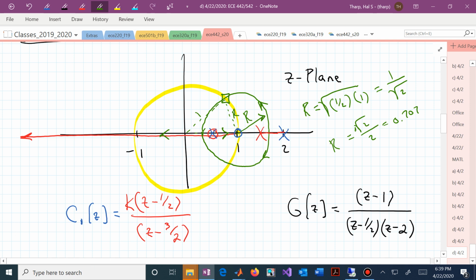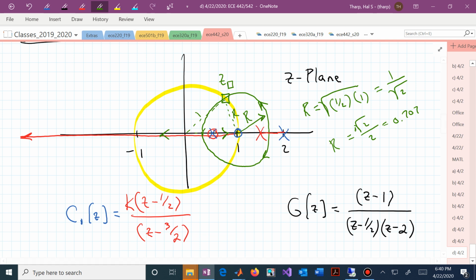That's now an isosceles triangle, and we can calculate the angle, and we can actually calculate what this point is where we first enter the unit circle. That's what I'm calling z sub square.